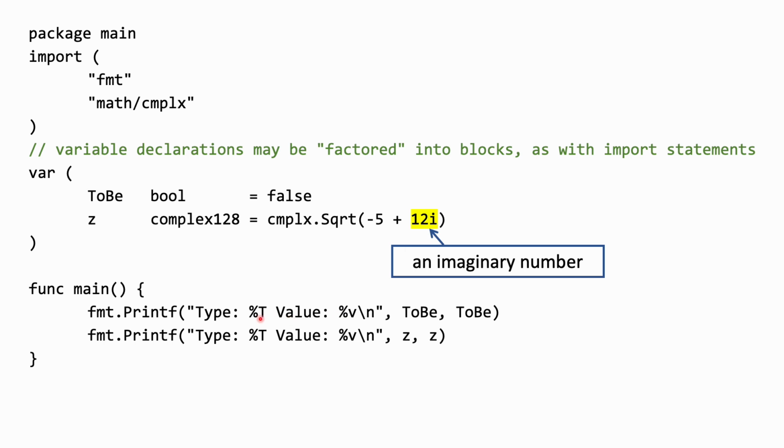So here, the first Printf statement in the main function of this program shows the type and the value of variable ToBe. And the second Printf statement here shows the type and the value of variable z.